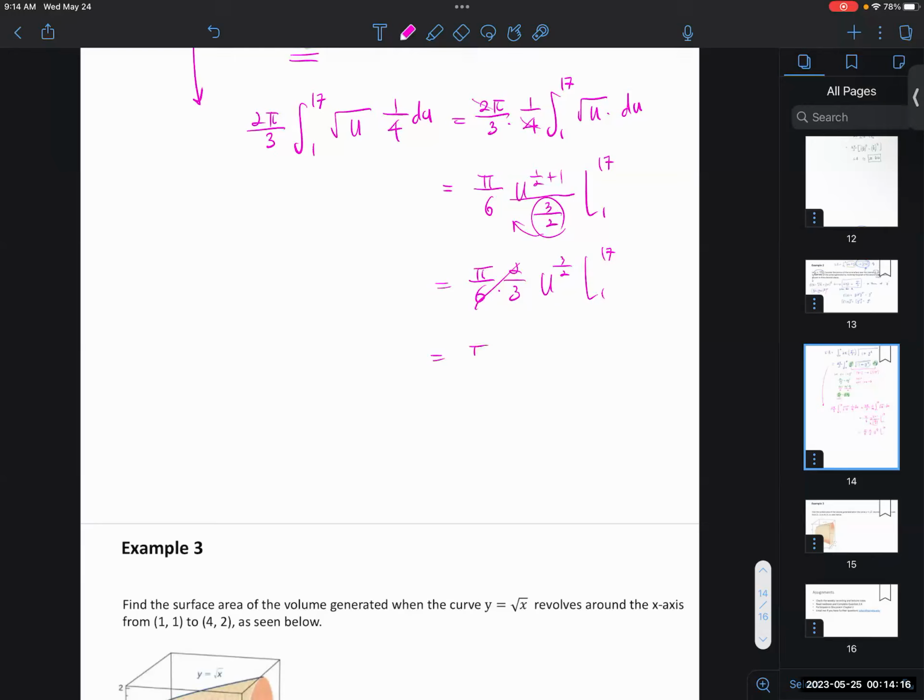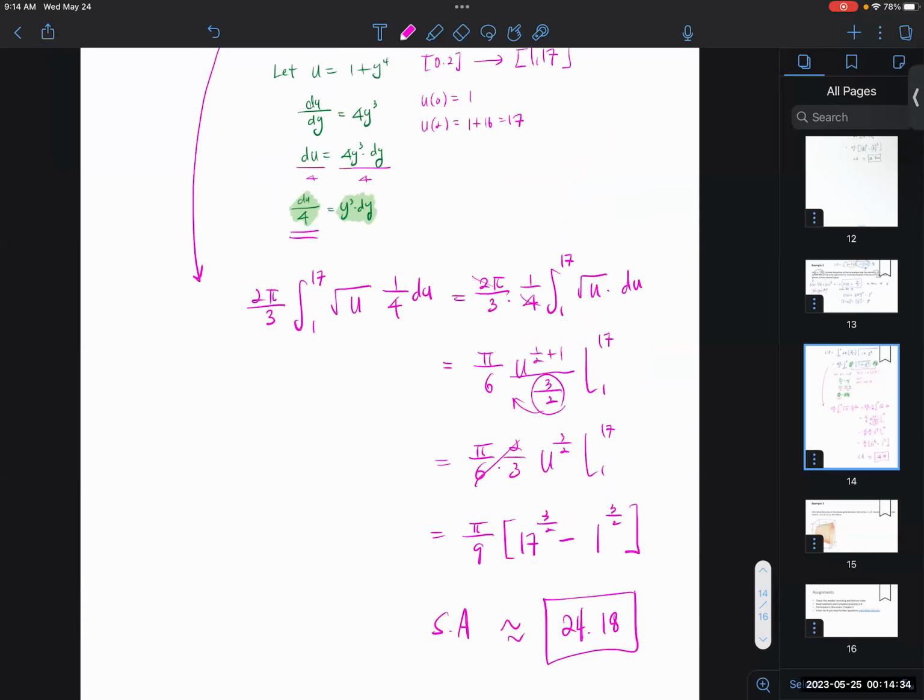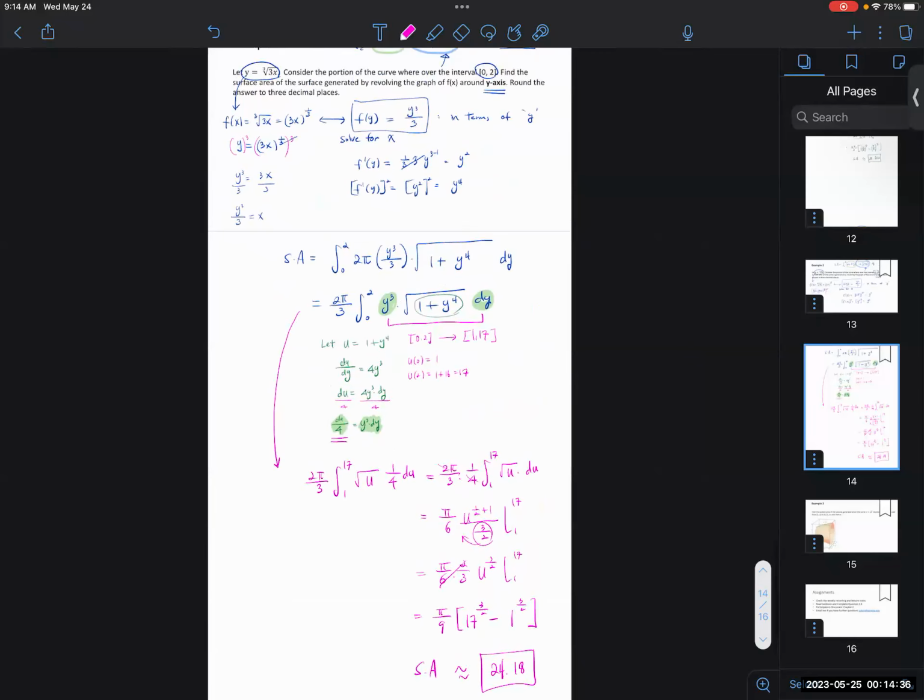The 6 and 2 cancel, so pi over 9. My calculation is fine, right? And then 17 to the 3 over 2 minus 1 to the 3 over 2. Again, go to decimal. You can find out the decimal, 24.18. That's the surface area of that function when you rotate it about the y-axis.